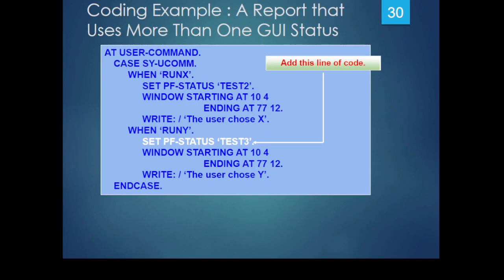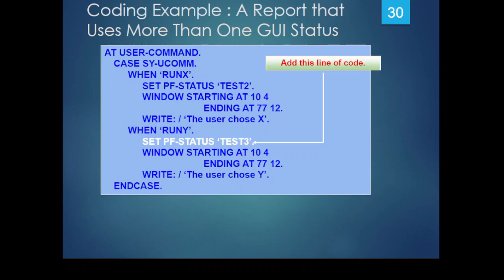In the case structure, we examine the SY-UCOMM system variable field, and in this example we find that if the function code is RUNX, SET PF-STATUS test2, and in the window we will write that the user chose X. The dialog box will appear, and a dialog window will appear with the message: the user chose X.